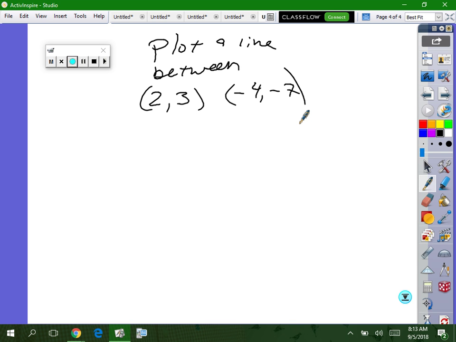All right. So we're going to plot first. 2, 3. Everybody feel comfortable there? Plotting the point. Negative 4, negative 7.